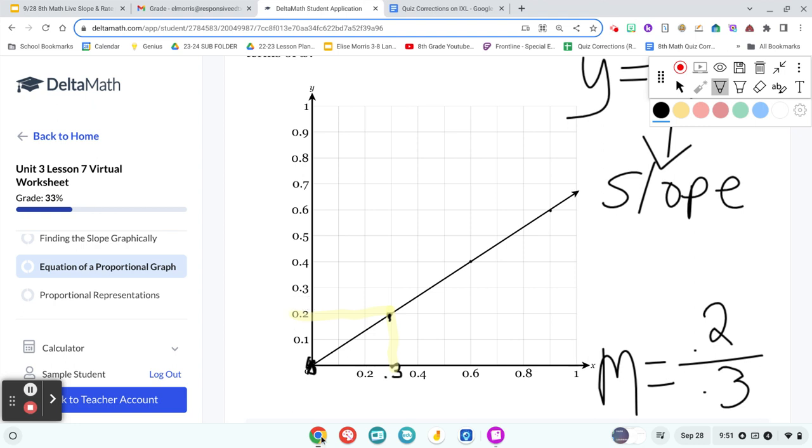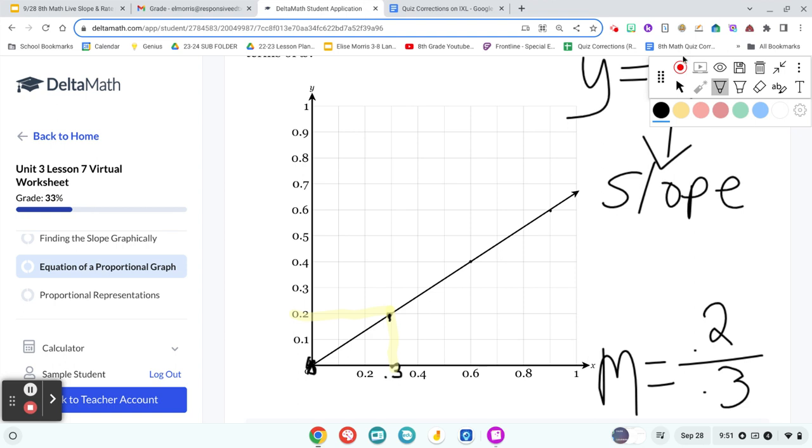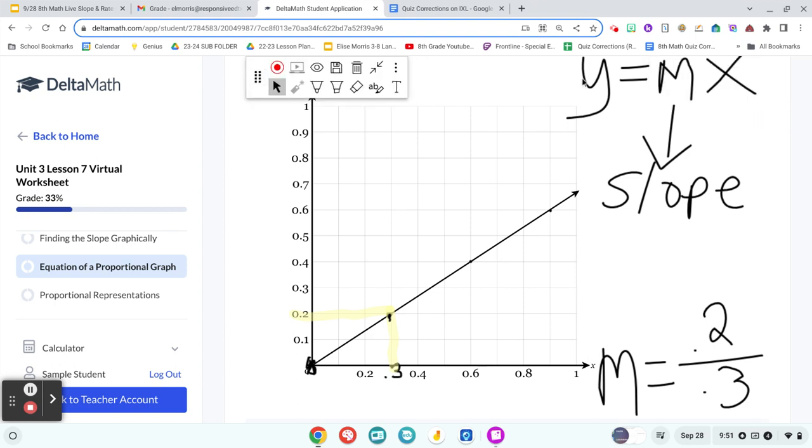Let's see what your final answer is. 0.2 divided by 0.3. Ooh, ugly, 0.66 repeating. Let's do math, enter, enter. Oh, 2/3, much better.